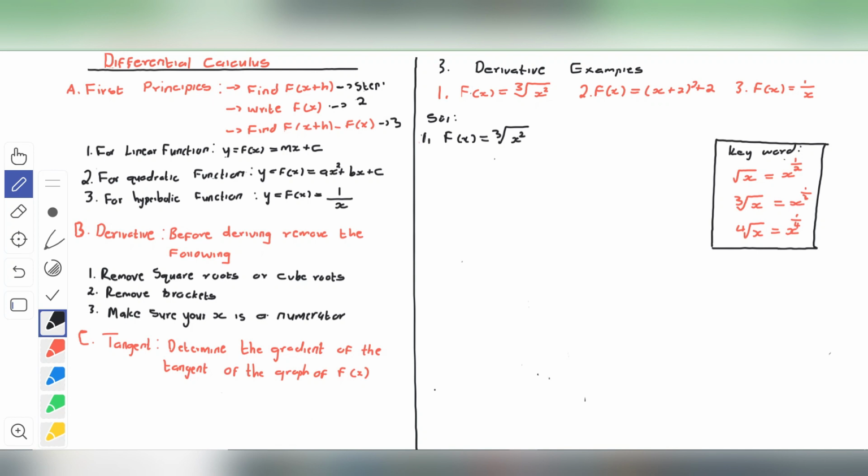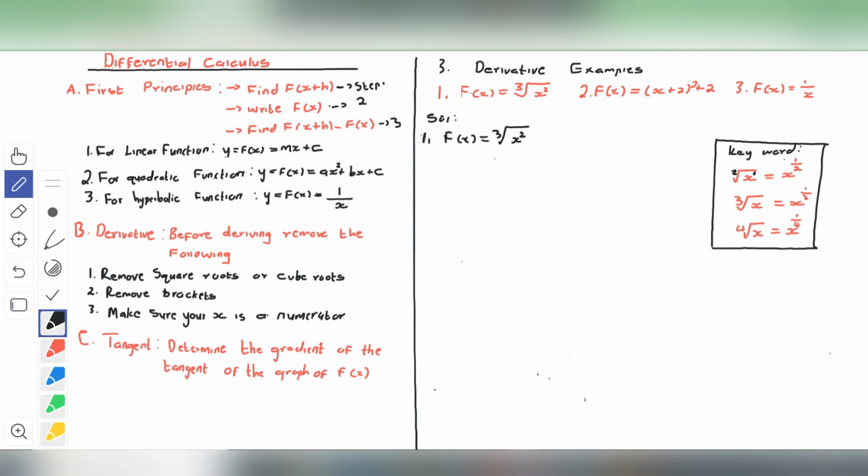If you check the keyword here, the square root of x is equal to x to the power of 1 over 2. In simpler terms, from here we have 2, and here we have 1.